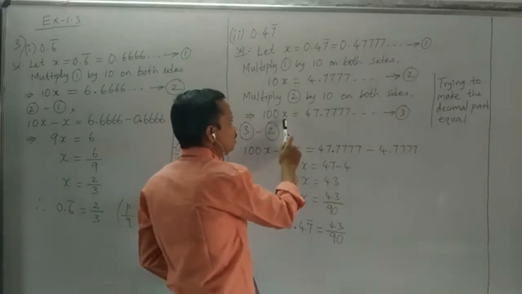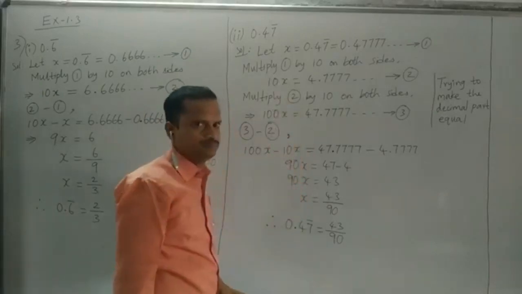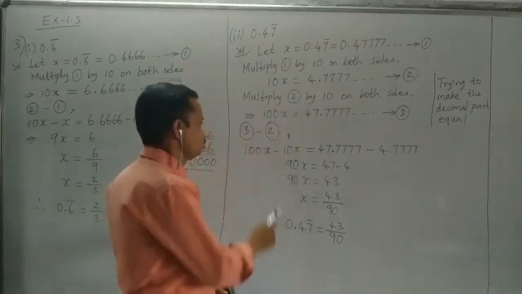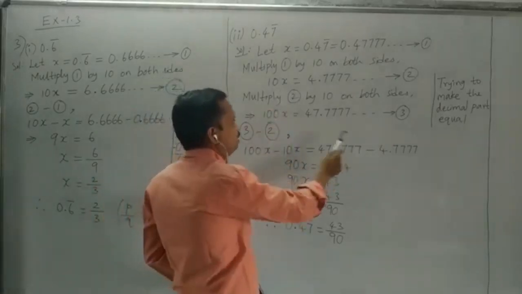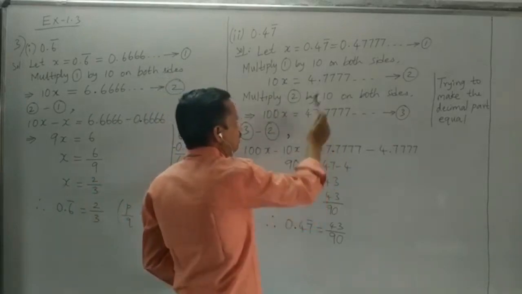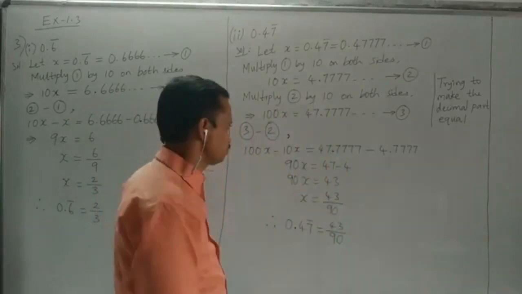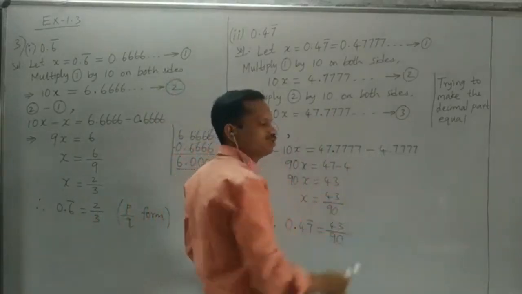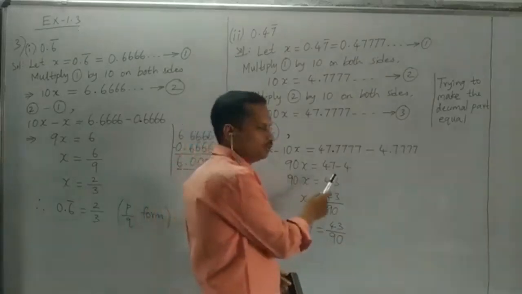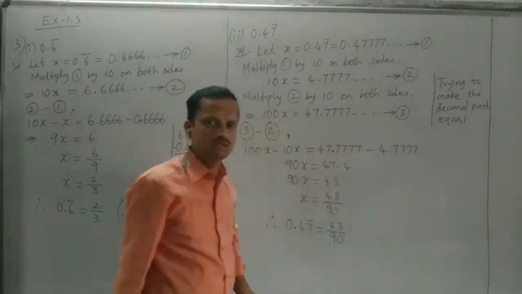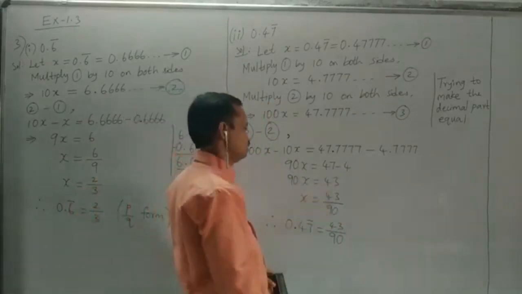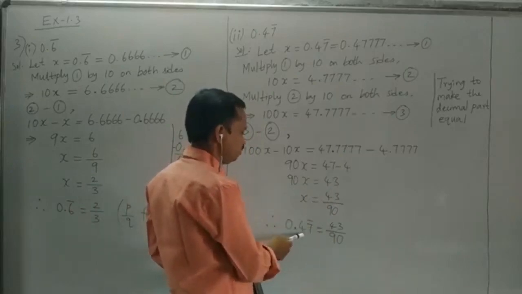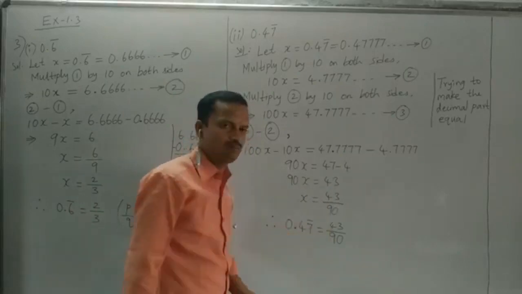This is bigger, this is smaller: 100 is bigger, 10 is smaller, so from 100 we subtract 10. So 100x minus 10x on the left hand side, and on the right hand side 47.777 minus 4.7777. You get 90x, and here 47 minus 4. The decimal parts are equal, so they vanish. The remaining integer part is 47 minus 4, which is 43. So 90x equal to 43, and x equal to 43 by 90. So 0.47 bar is equal to 43 by 90.